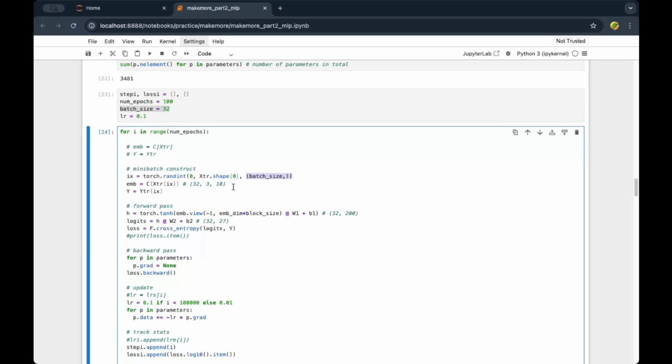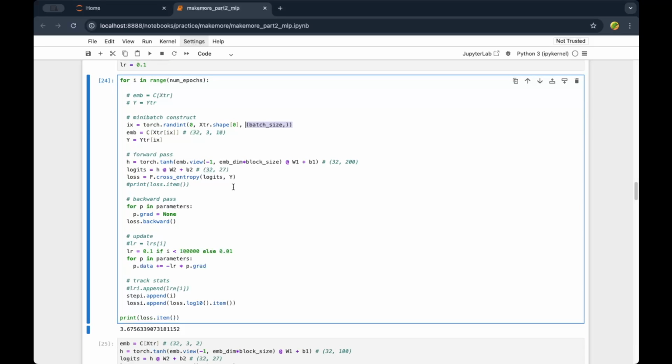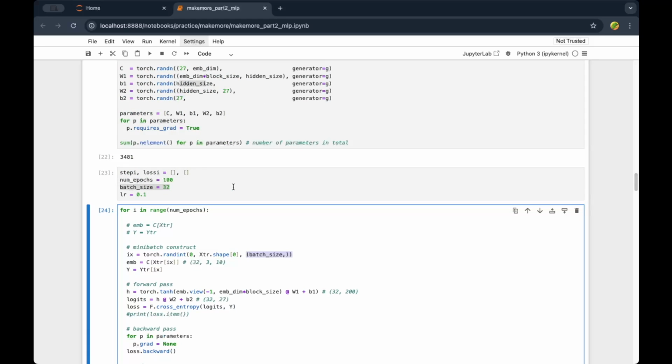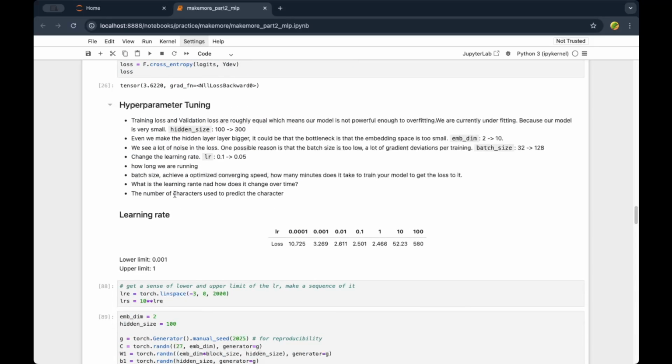This can make the training more efficient, though the downside is that we will introduce more noise to the loss. These four variables are hyperparameters. Unlike weights and bias, they are fixed for each training session, but they also need to be optimized to find the best performance. This process is called hyperparameter tuning.